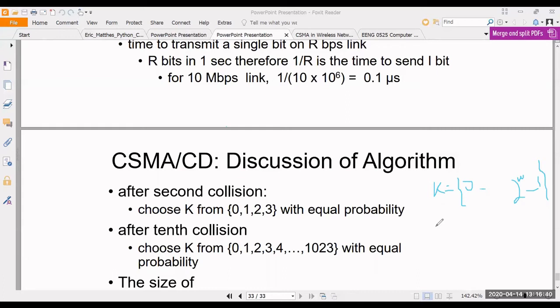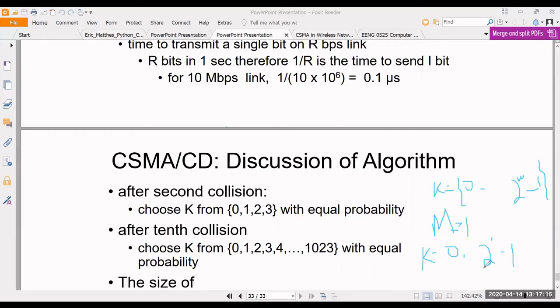So assuming there's a first collision for the whole system, it means m is equal to 1. That's the first collision. I'm trying to show how we get K. K is a group of values which starts from 0 and ends at 2 to the power 1 minus 1.